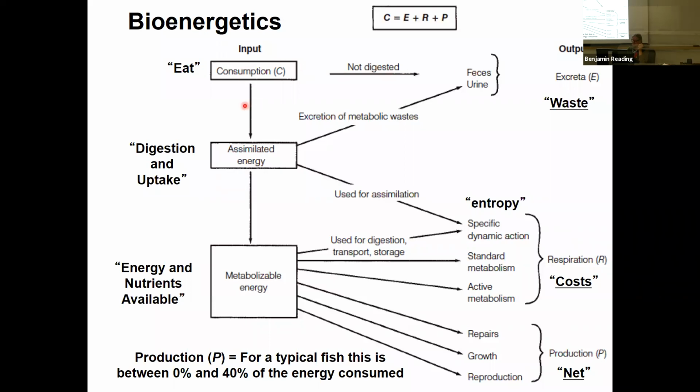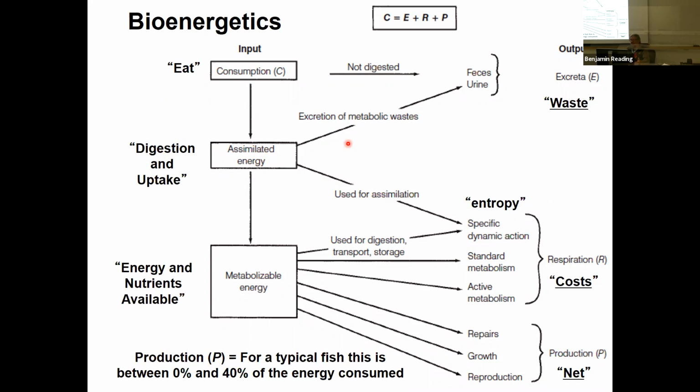Now, once we pass the rest of that stuff through our gut, we can pull stuff out of it. We can digest it, which means to break it down, and we can assimilate it. Assimilate means it's literally taken in and becomes part of you. But that's not free either, right?